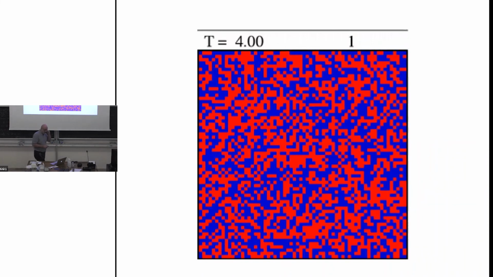Here I have visualized, and by the way, I made these, but you can find thousands of others online where you can put in the temperature and system size and play around. But here I just made some illustrative examples. This is a case where the temperature is 4. The critical temperature, below which the system orders, is around 2.27.